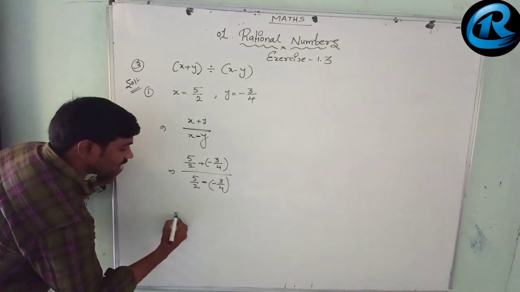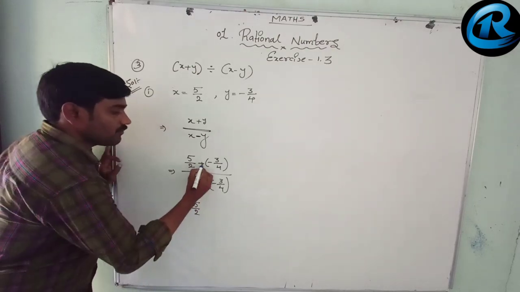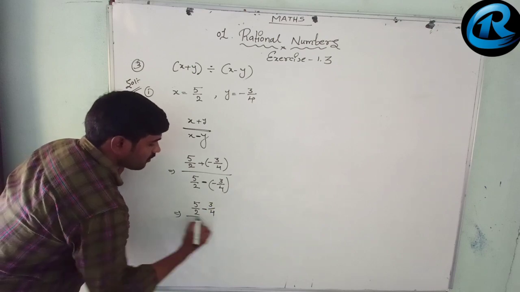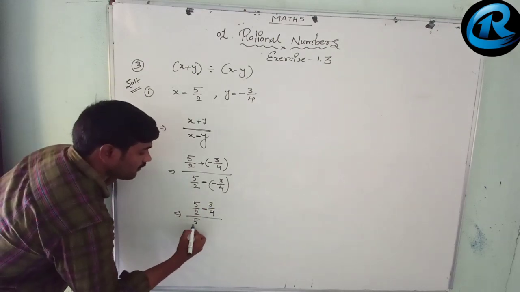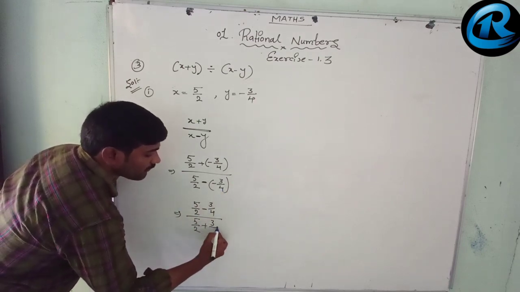Now let us simplify. 5 by 2 plus into minus is minus 3 by 4, whole by 5 by 2, minus into minus is plus 3 by 4.